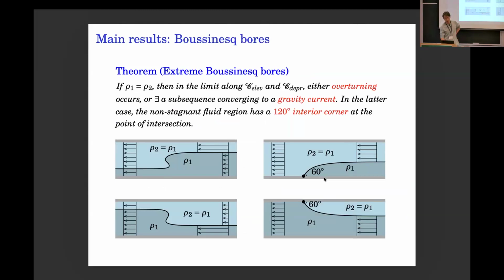In the Boussinesq regime, you could see either overturning or this 60 degree angle. Both can happen in the sense that one can flip the gravity, because gravity does not occur in the Bernoulli condition anymore. So gravity doesn't play as much of a role here. So that's the result we obtain.